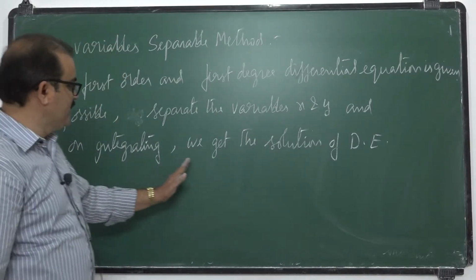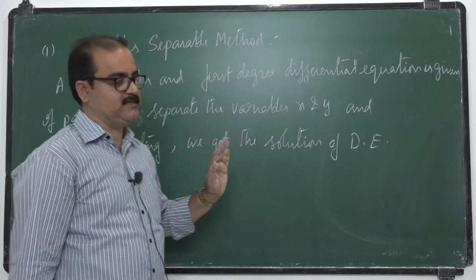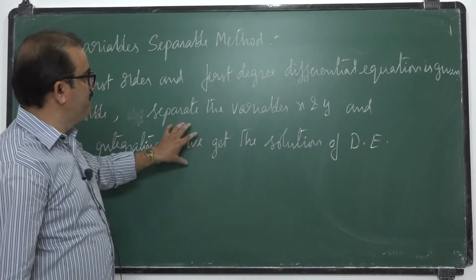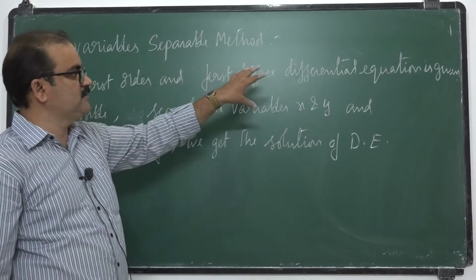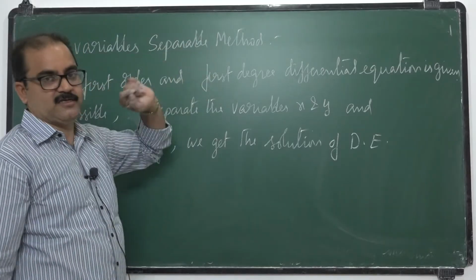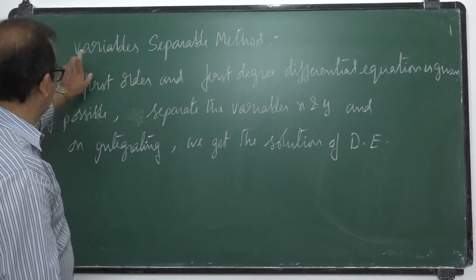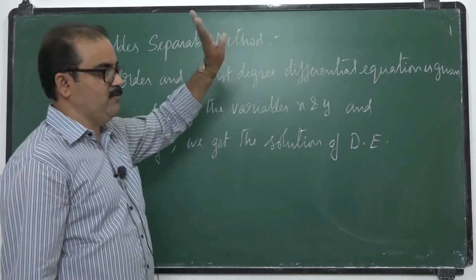Now, on integrating we get the solution of the differential equation. This is the method of solving a first order and first degree differential equation only when the variables are separated. That's why this method is called variables separable method.